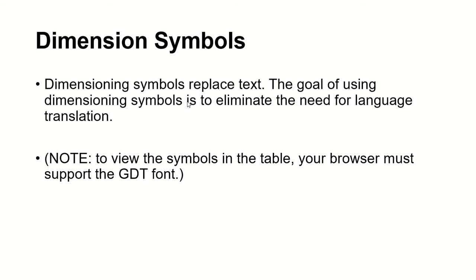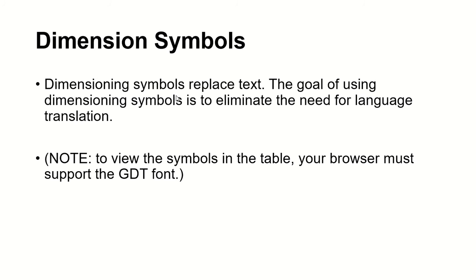Dimensioning symbols: we use symbols and we don't really use bulky text. We want to make it as precise and concise as possible, so you don't throw a lot of text into your detailed drawing.